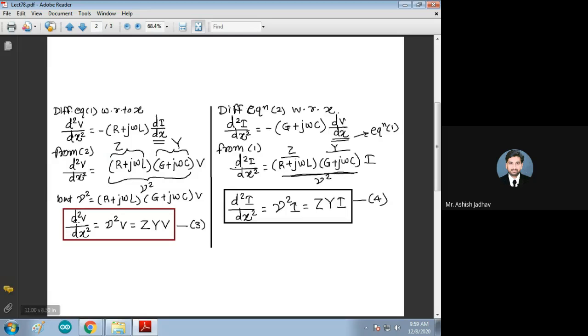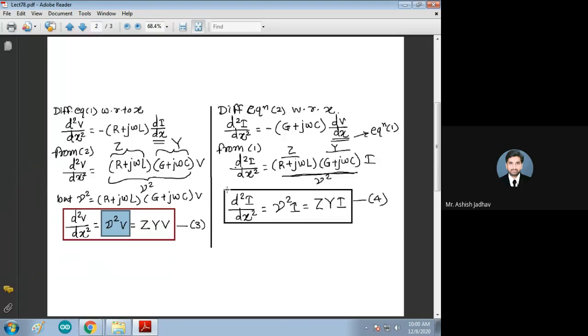So d square v by dx square is equal to z y v, and it is also called gamma square. So we can say it is also equal to gamma square v. This is the equation called the transmission line equation in terms of voltage.